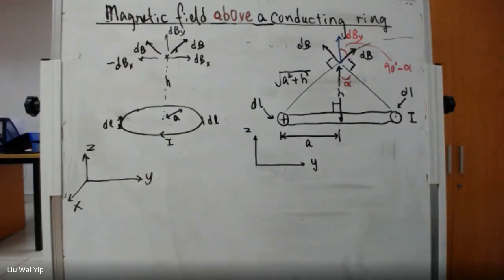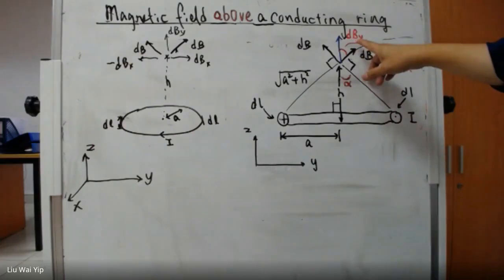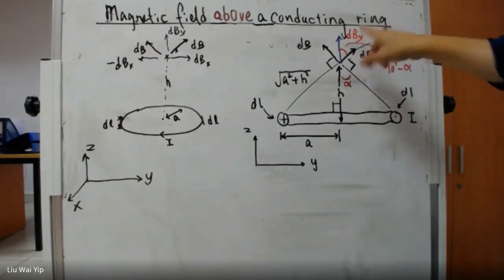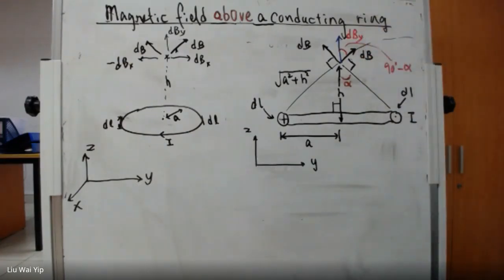The first thing that we need is to find the expression of delta B. The second step is to work out the vertical equivalent of this magnetic field dB.